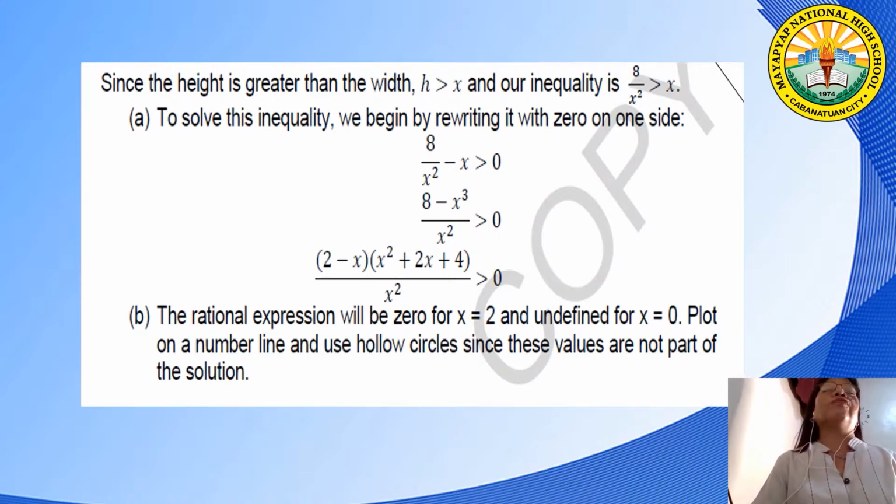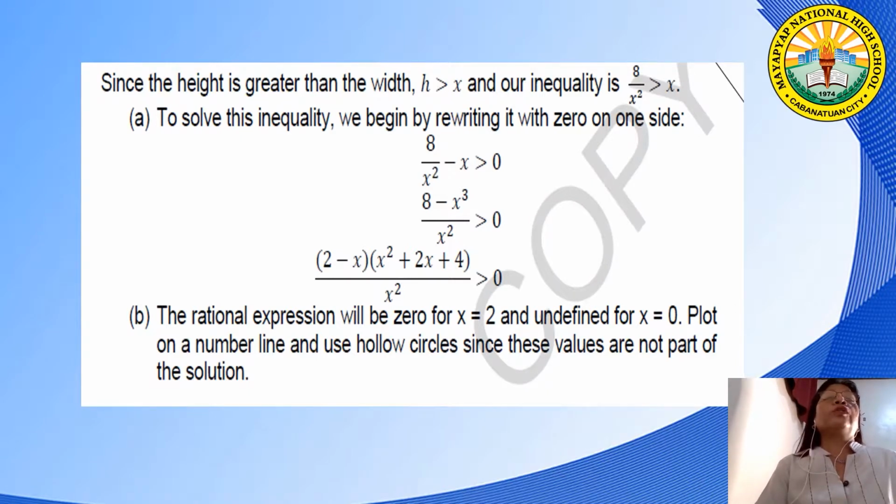Then the other factor is the square of the first term, x squared, plus the product of the first and the second term, 2x, plus the square of the second term, 4, over x to the second power, greater than 0. Okay.